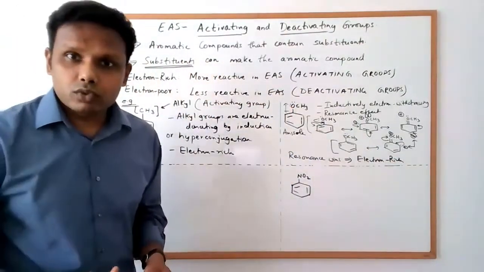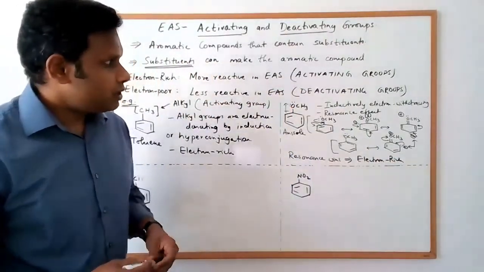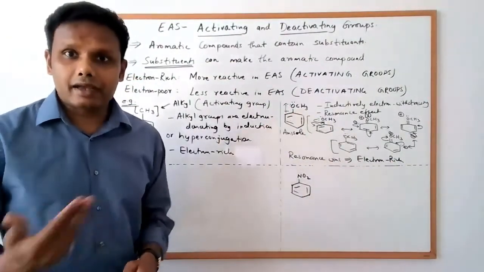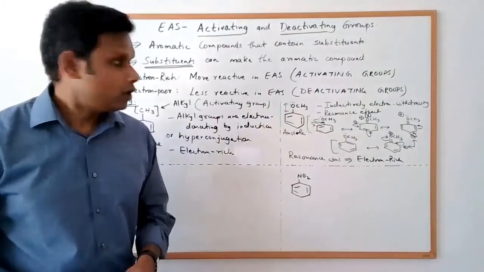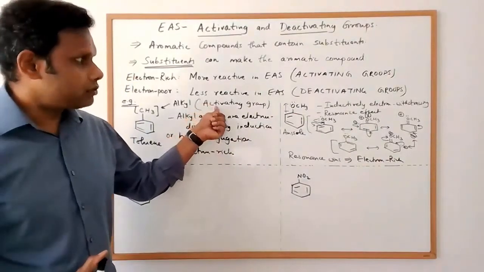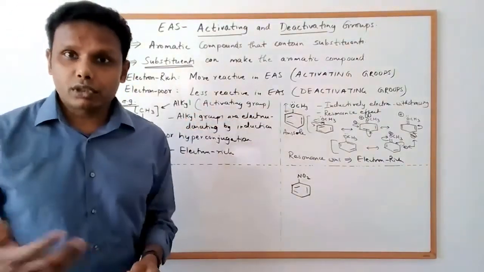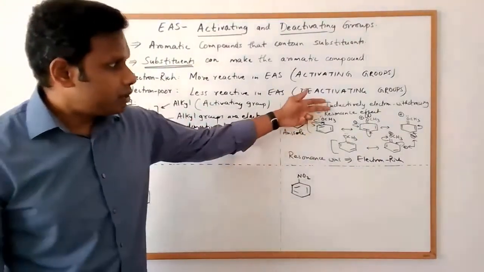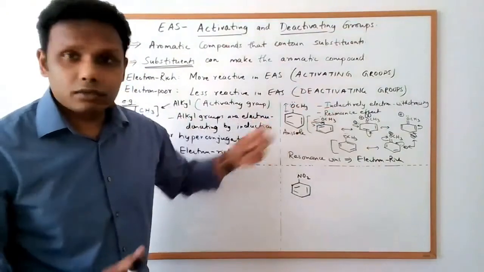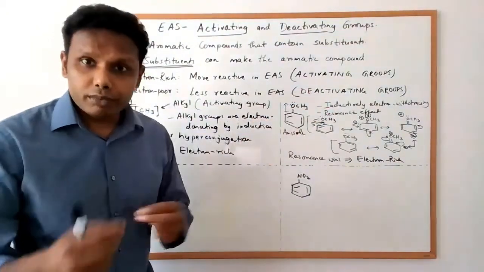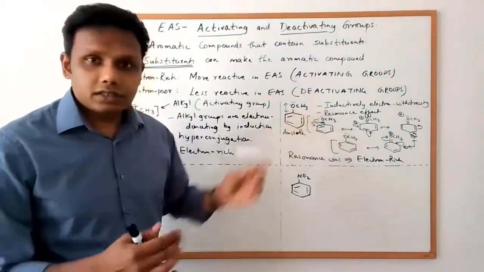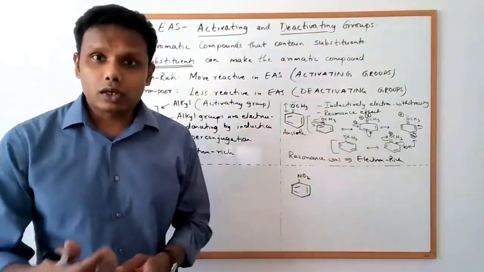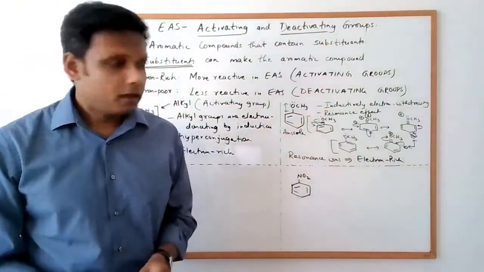So the ring becomes overall electron rich, which means the methoxy group can be treated as another activating group here. So the alkyl group was activating, and so is the methoxy group. That is also an activating group, because between the two factors that are competing here in opposite directions, the resonance takes over. And so that makes the ring overall electron rich.